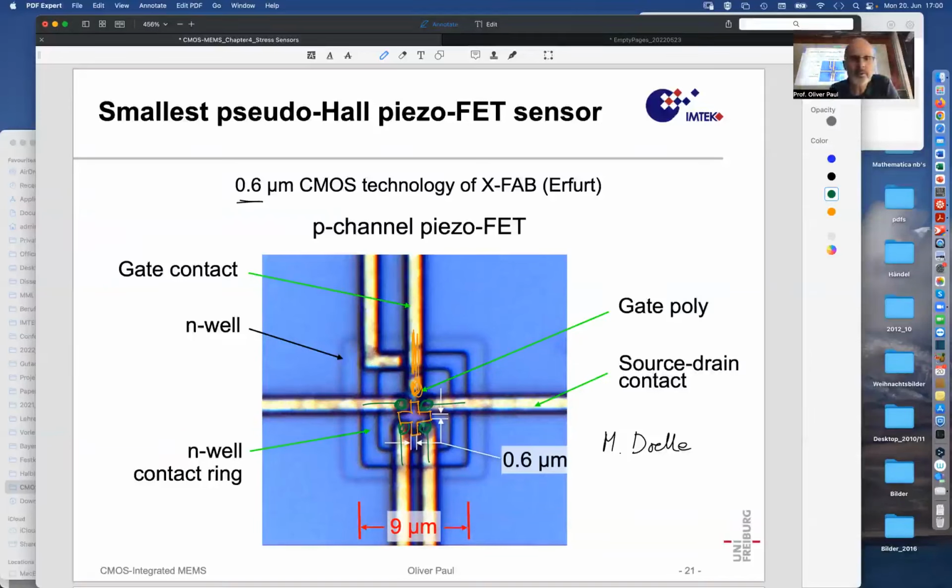The smallest dimension here, the distance between pairs of source and drain contacts, is 0.6 micrometer. That's what the company promises to produce. Of course, nowadays you could go smaller if you wanted. That's not sensational, but the lines are so wide that it almost doesn't make sense to make the distance smaller. You gain nothing by making the sensor smaller. But anyway, this was the smallest one that we realized.